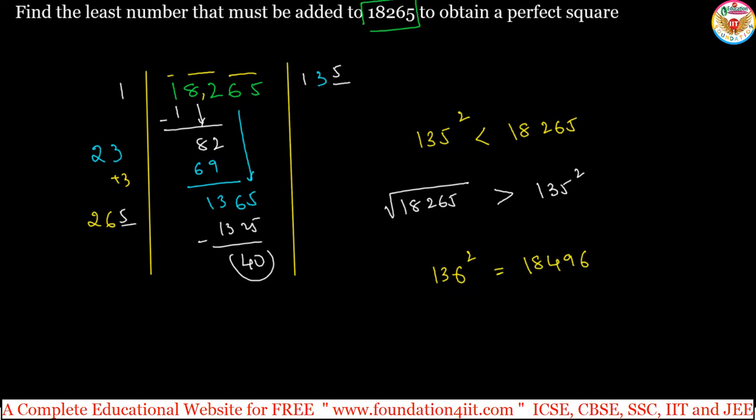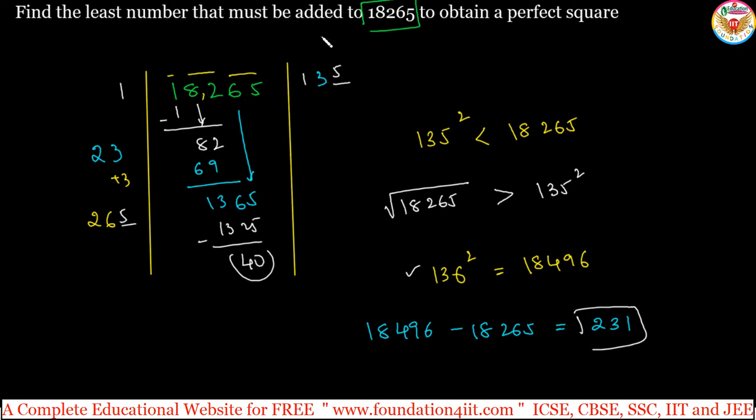That means the difference of this, that is 18,496 minus 18,265. You subtract this, 231. So 231 is supposed to be added to this. 18,265 is not a perfect square. We need to add an extra 231 to make it a perfect square. That perfect square is nothing but 136 square. So the same way we should do.